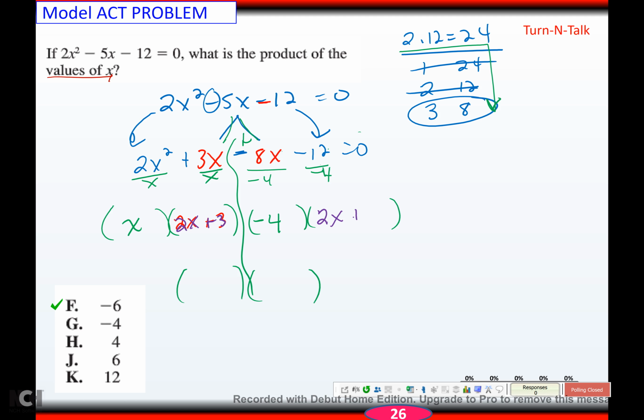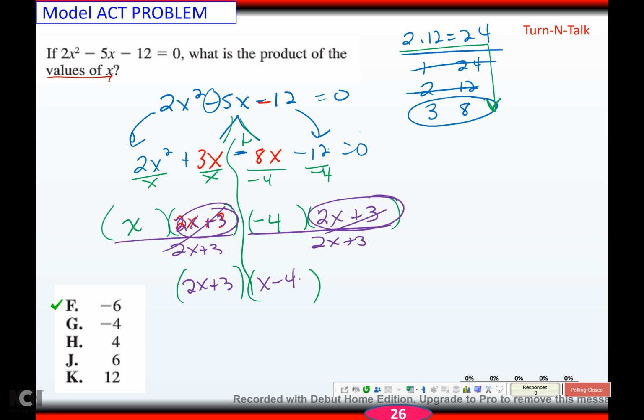Negative 12 divided by negative 4 is positive 3. GCF again, you better have a common binomial. Divide to get what's left. And my green letters, x minus 4, is what's left. So my solutions, 2x plus 3 equals 0, minus 3, 2x equals negative 3, divide by 2, I get x equals negative 3 halves.